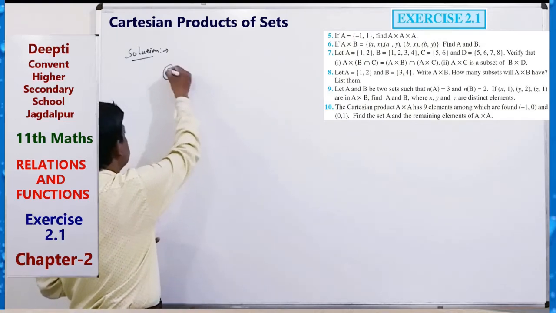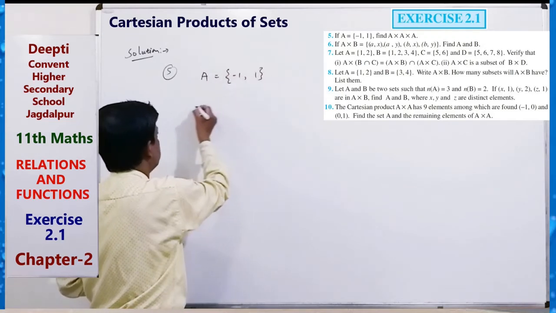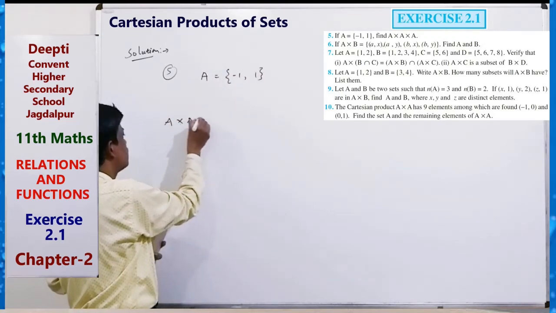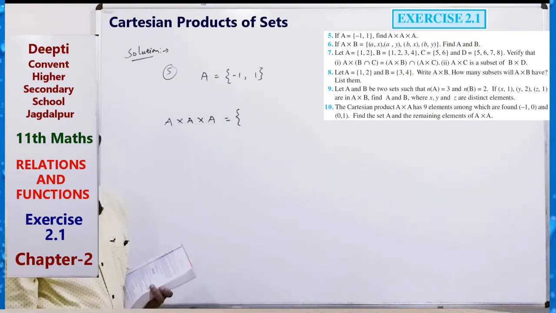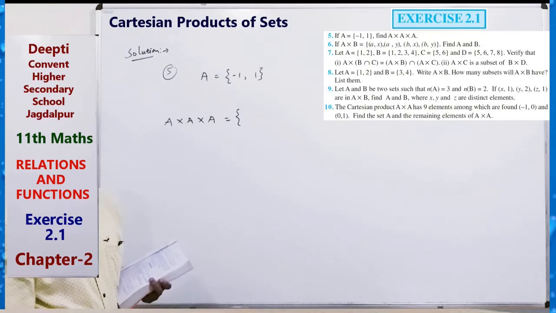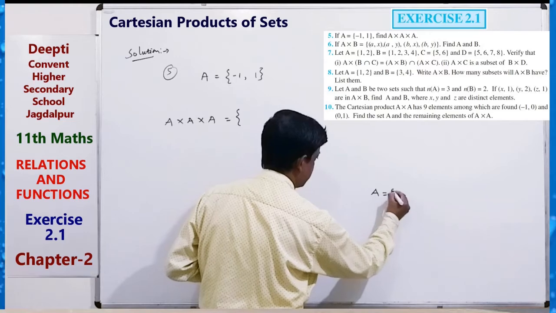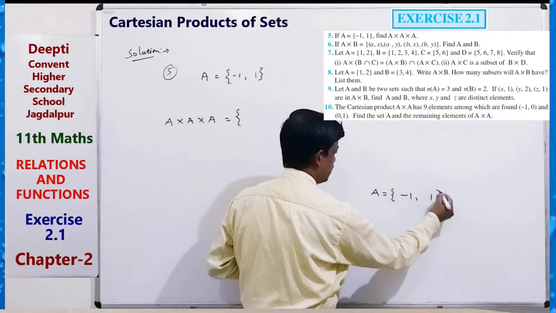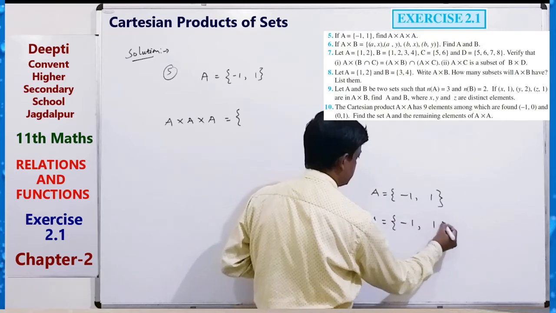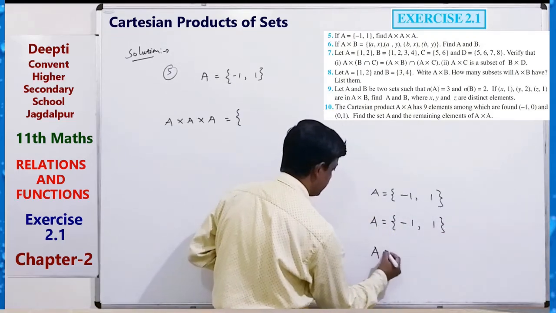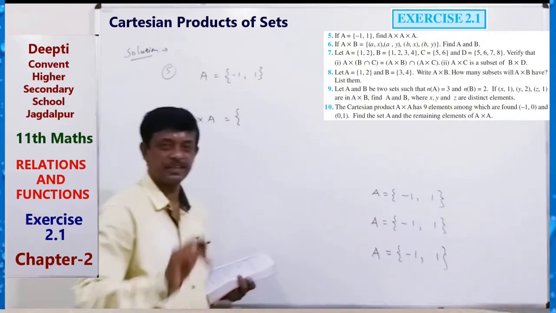Question 5th, A equals what? {-1, 1}. We have to write A cross A cross A. How can we write? Very simple idea. A is {-1, 1}, A is {-1, 1}, A is {-1, 1}. 3 sets are there.